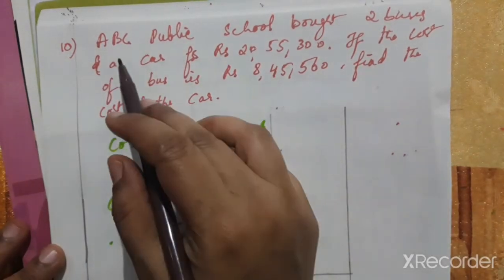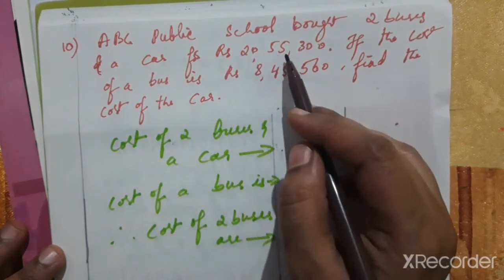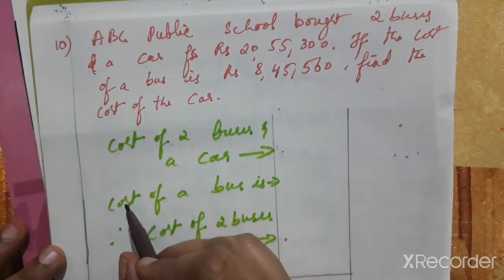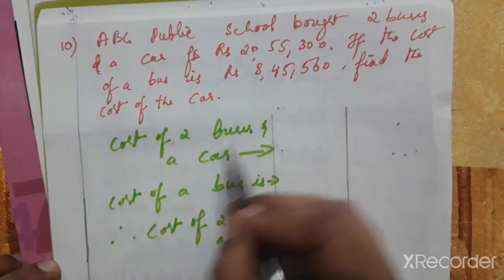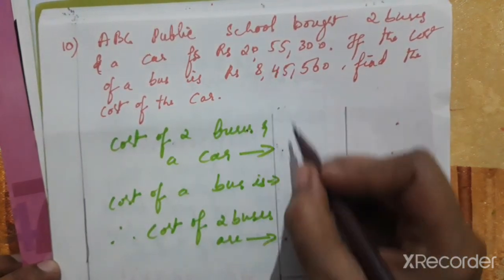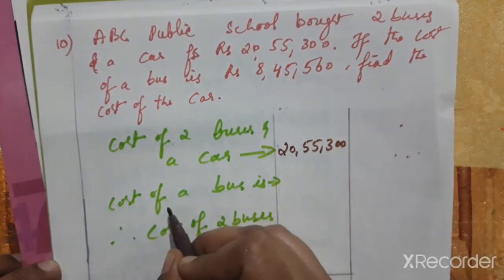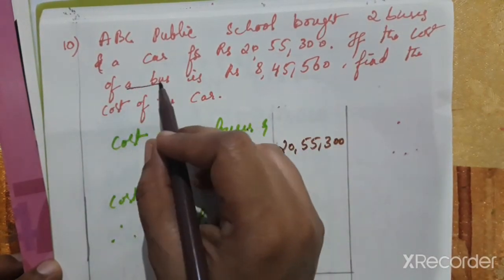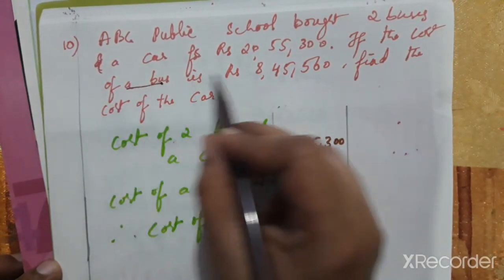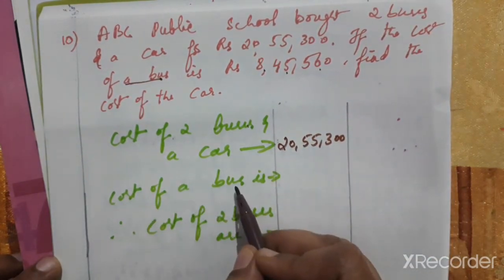So here, ABC Public School bought 2 buses and a car for 20,55,300. So the sentence is cost of 2 buses and a car, how much? It is given in the question, 20,55,300. And the next sentence is the cost of a bus. A bus means 1 bus. Cost of 1 bus is 8,45,560.